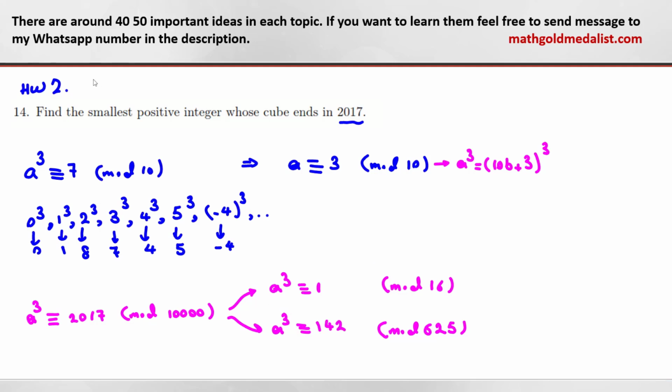Okay, do you agree if we find this, then after this we should do what? We should express it as 10b plus 3. No, we should focus on these two things. From here, it is equivalent that A mod what should be what?